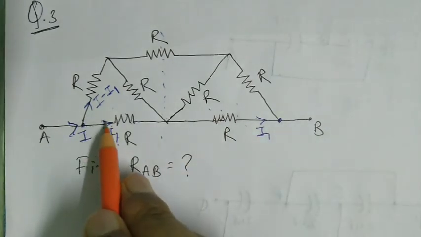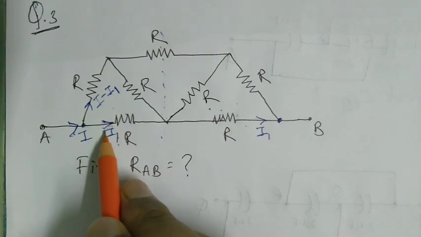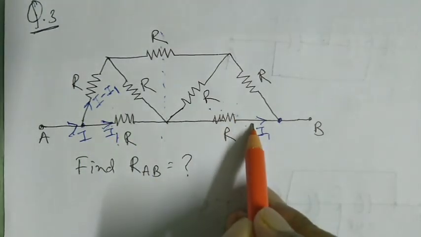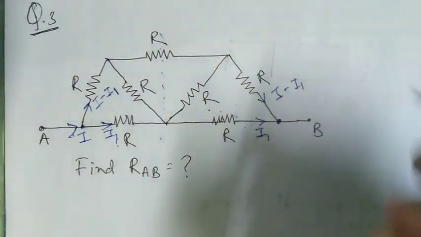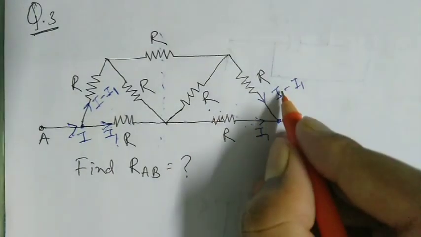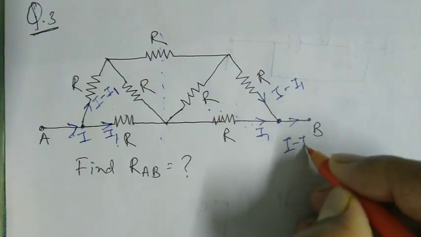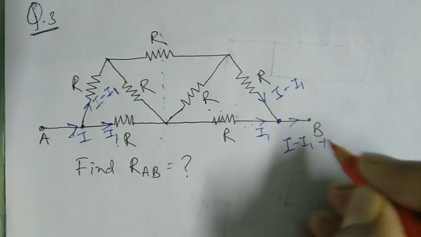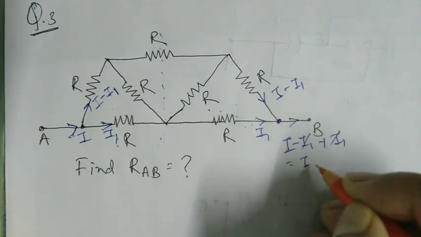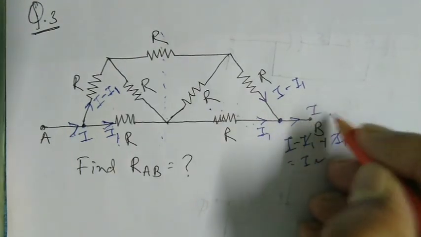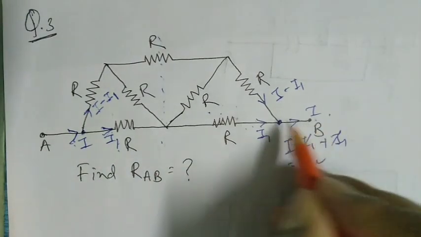Because the circuit is symmetric. And from here the current entering will be I minus I1. So both added up, what will be the current? I minus I1 plus I1. I1 will cancel out, that will give I. So input current is I, output current is I.